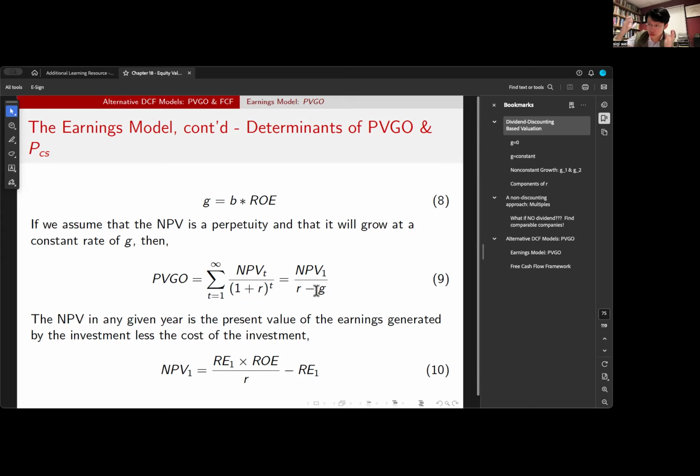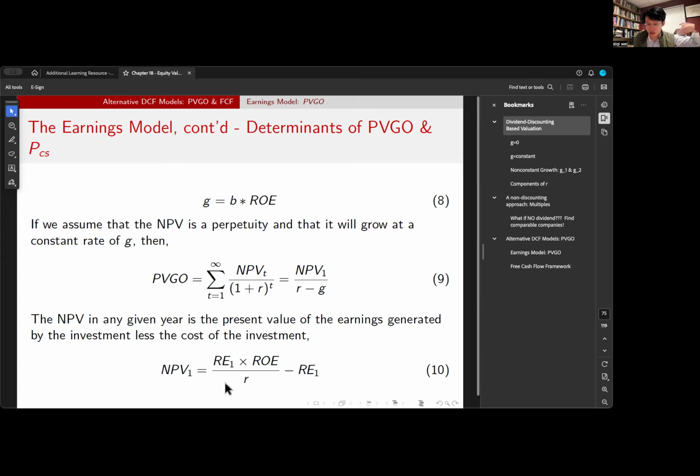That's why we assume the constant growing perpetuity model, or Gordon dividend growth model, might be a reasonable representation of this context. Okay, so that's why we discount back all the NPVs with r minus g. So what is NPV? It's the discounted future expected payoff minus the initial outlay, and the initial outlay is the retained earnings.